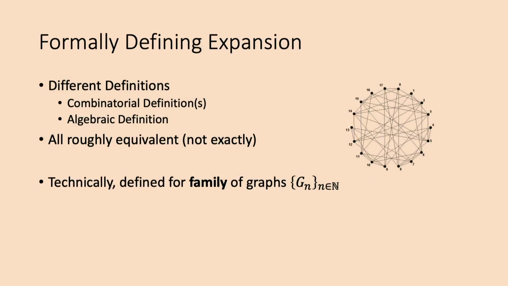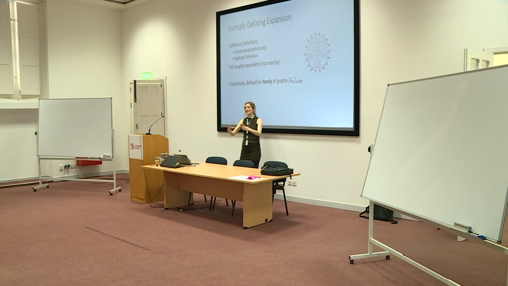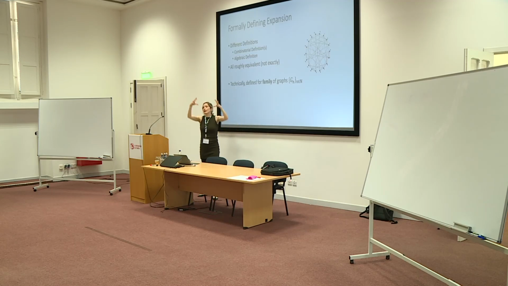One more thing I want to do before getting started: formally, I'm going to be talking about asymptotics, for example. But what is the asymptotic of a single graph? There's nothing. It's a single graph. It's finite. So underlying this, we're actually going to be talking about families of graphs. A family of graphs is like, say, for every n, the number of vertices, I have some associated graph G sub n.